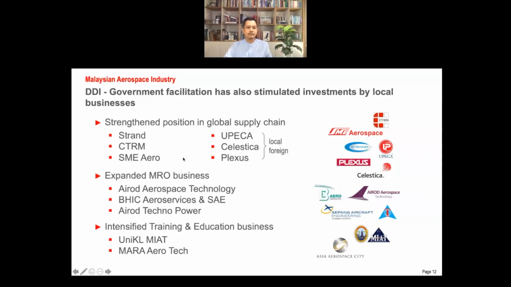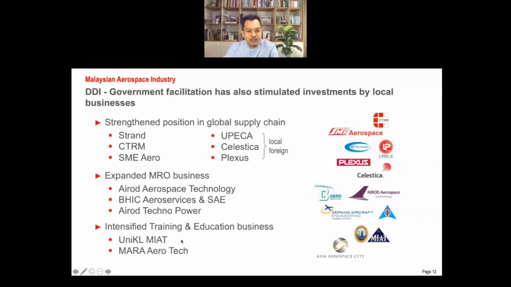And at the same time, we have also expanded the MRO businesses like Aerospace Technology, not just doing military maintenance activities. It has already been expanded into more civil, commercial MRO. We have Boustead Heavy Industries Corporation, BHIC Aero Services, as well as Sepang Aircraft Engineering and Aero Techno Power, looking at engine MRO, as well as intensified training and education business, such as UniKL MIAT being supported by MARA.